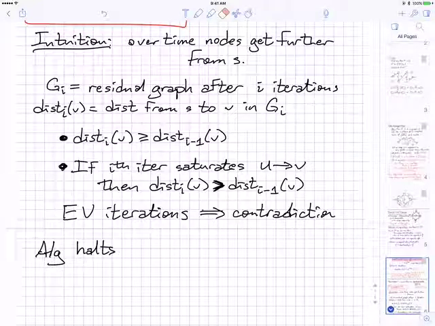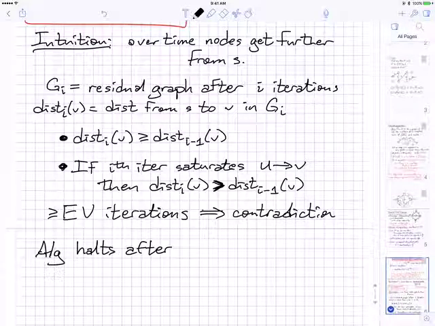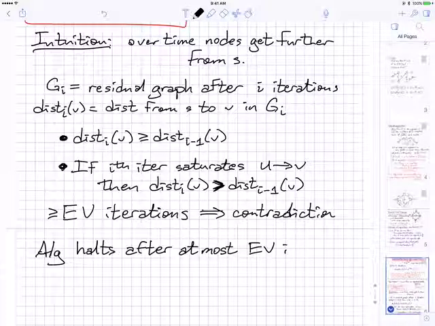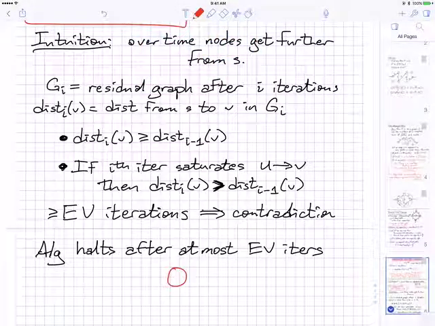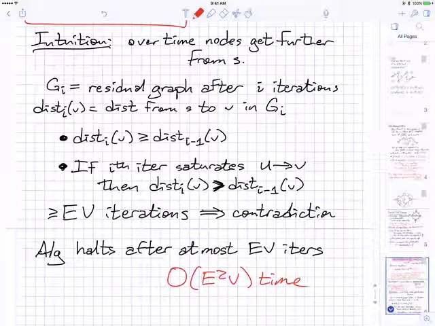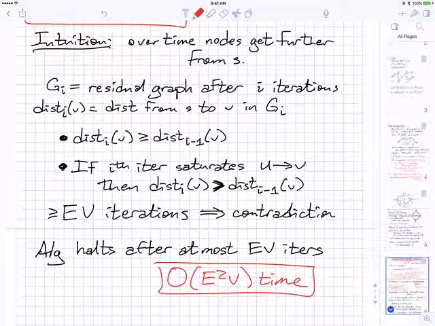Sorry, if I have more than EV iterations, I get a contradiction. After at most EV iterations, and therefore the running time of the algorithm is just a polynomial in E and V.